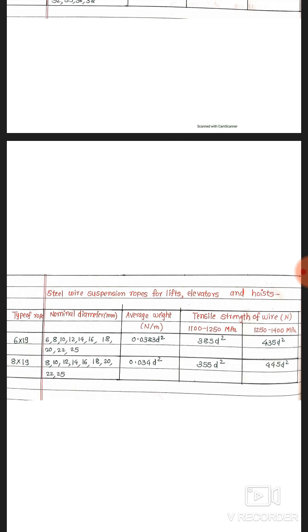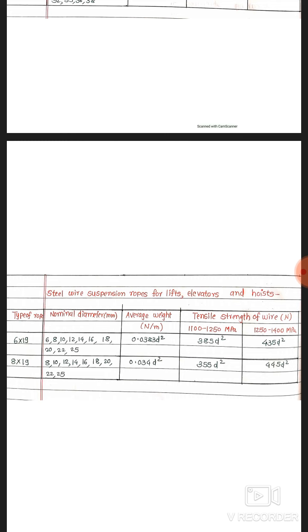The average weight is 0.0383 into d square. If the stress is between 1100 to 1250 MPa, the tensile strength is 385 d square, and if the stress is between 1250 to 1400 MPa, then the tensile strength becomes 435 d square.